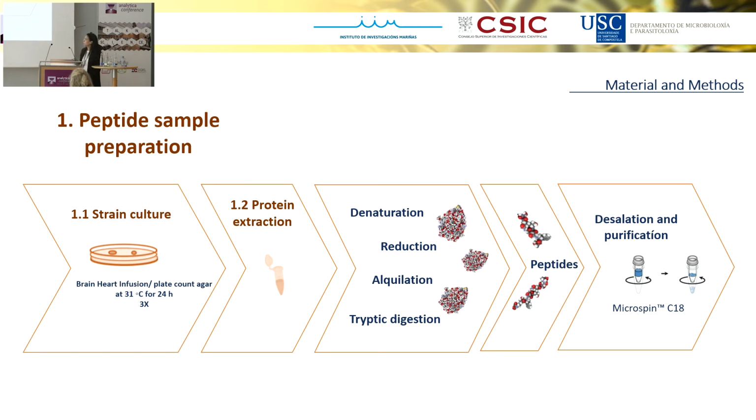For the peptide sample preparation, the Listeria strains were cultured in brain heart infusion and then were transferred to plate count agar, both with the same conditions of 31 degrees Celsius for 24 hours, and all samples were done in triplicate. Then the protein extraction was performed, and these proteins were denatured, reduced, alkylated, followed by the tryptic digestion, and the resulting peptides were desalted and purified in a C18 microspin column.